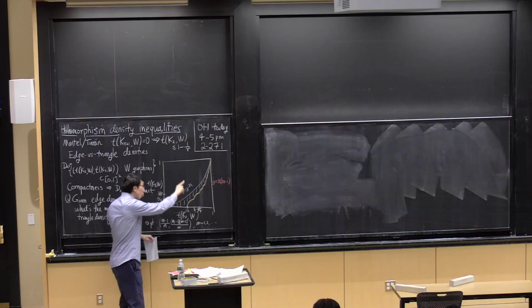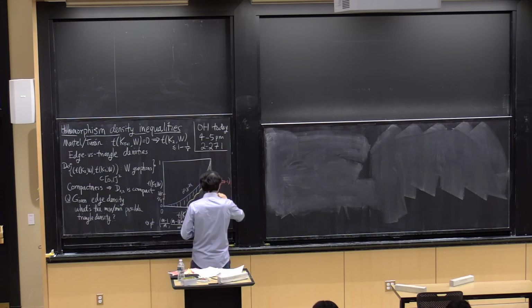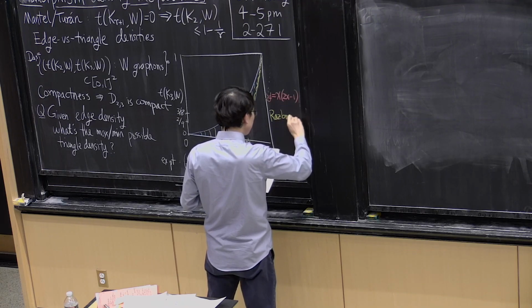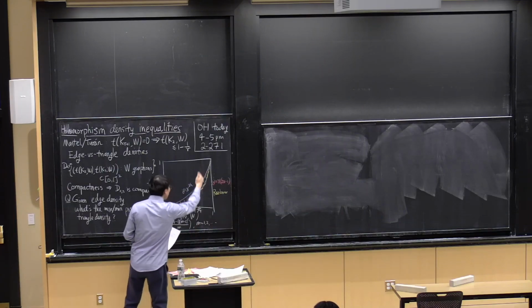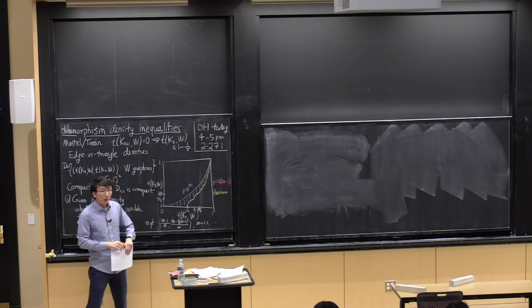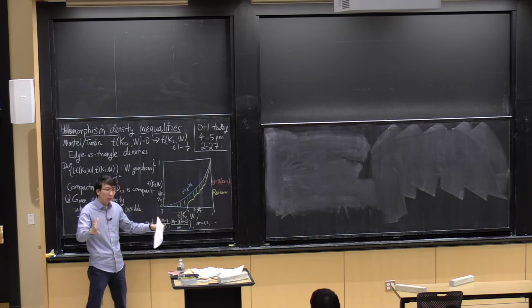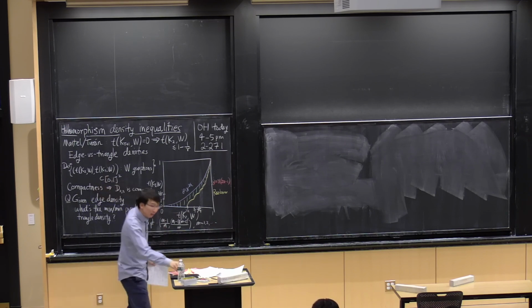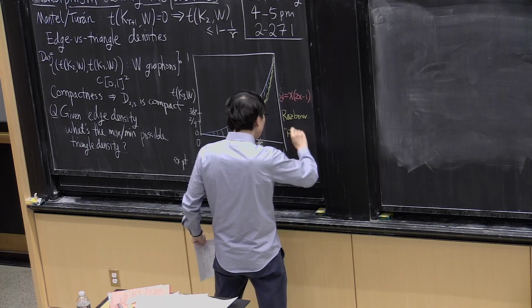Okay, so this lower curve is a difficult result due to Razborov. And I want to give you a statement of what this curve is. Razborov came up with this machinery, this technique, now by the name of flag algebras. I think actually he came up with this name.